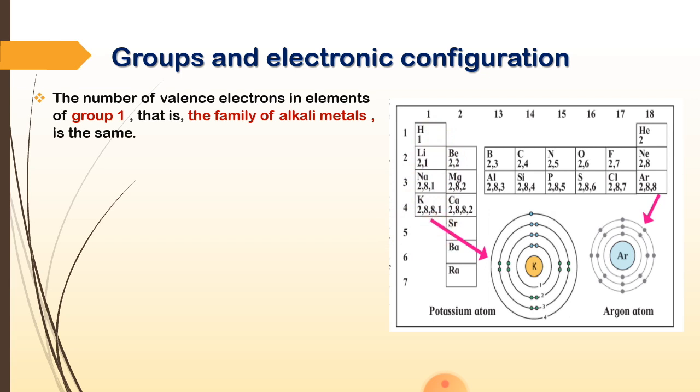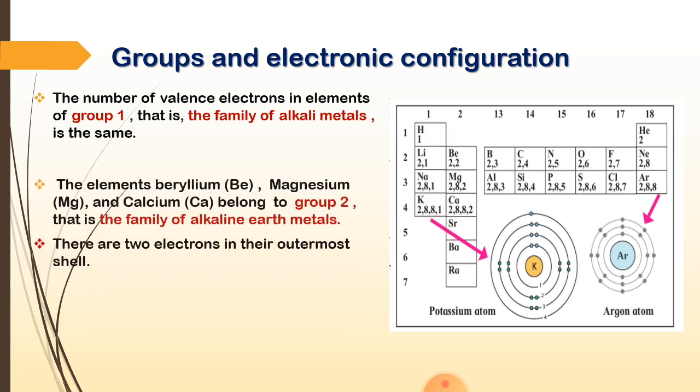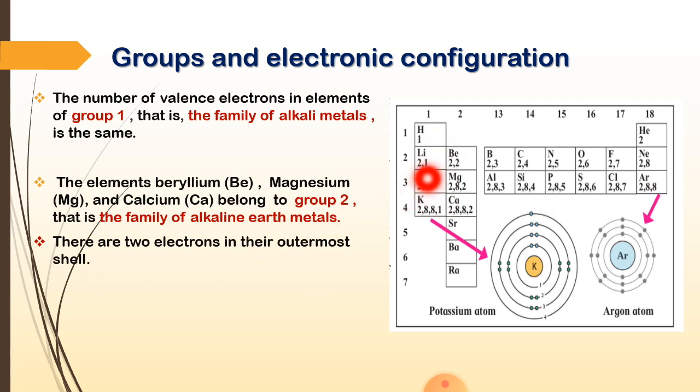Then the elements beryllium, magnesium, calcium belong to group 2. They are called alkaline earth metals. There are two electrons in their outermost shell, so they have two valence electrons.